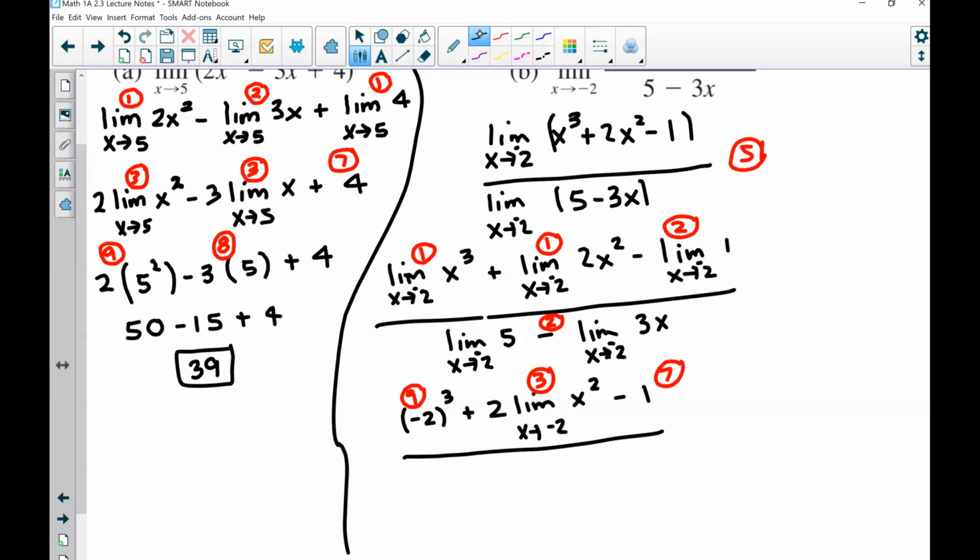Now let's take a look at the denominator. Okay, so the limit as x approaches negative 2 of 5, well, that's going to give you 5. Okay, and the limit law of that is 7.